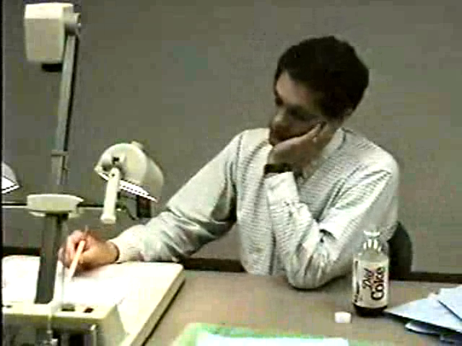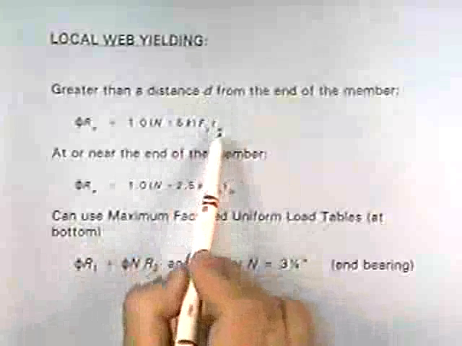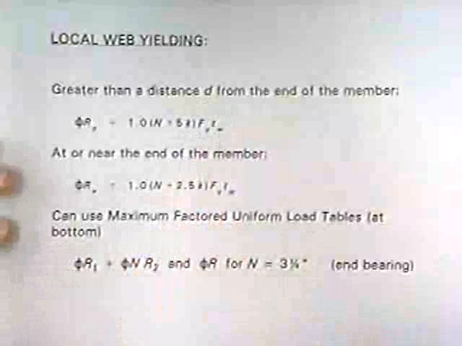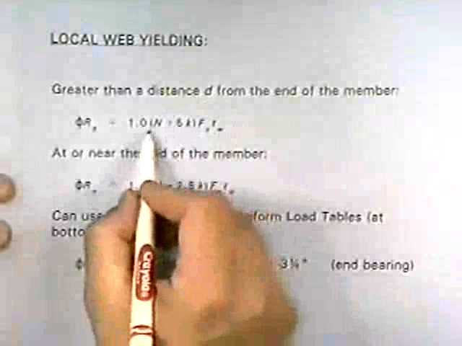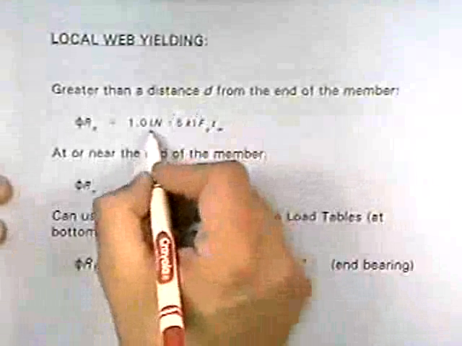And for local web yielding, if you go into Chapter K, it gives you 2 design formulas depending upon whether you're at the end of the beam or you're a distance d away from the end of the beam. Essentially what you're calculating is the resistance that you get in the web.